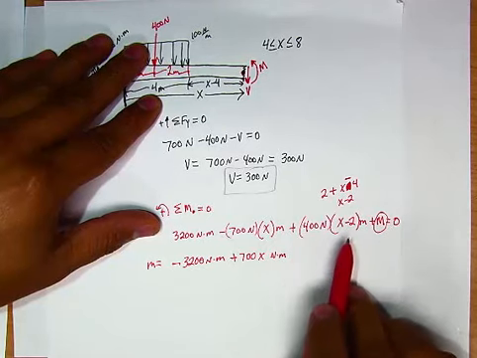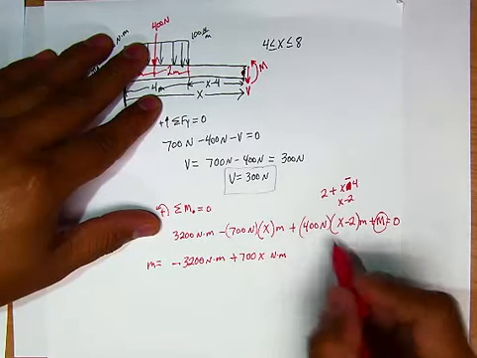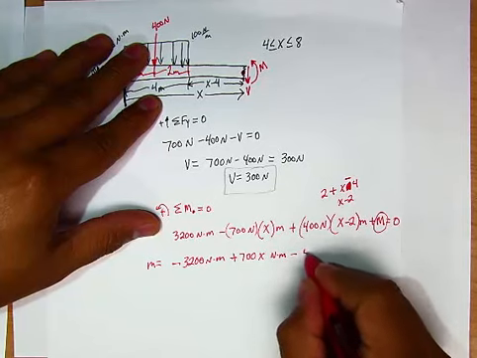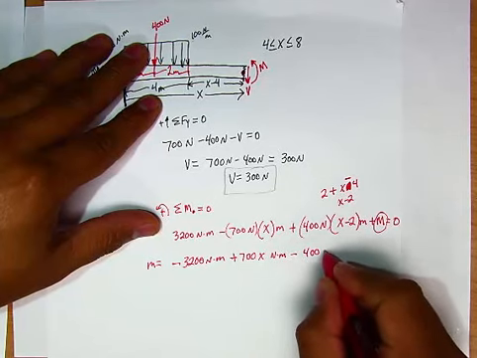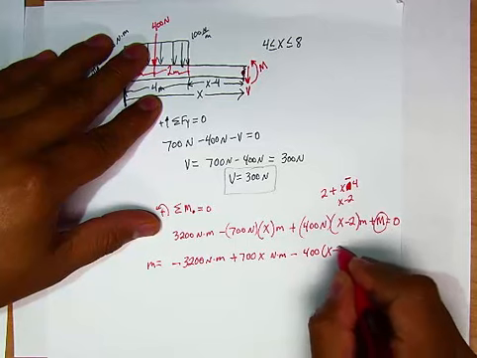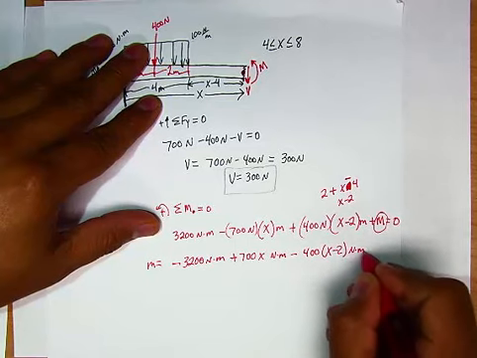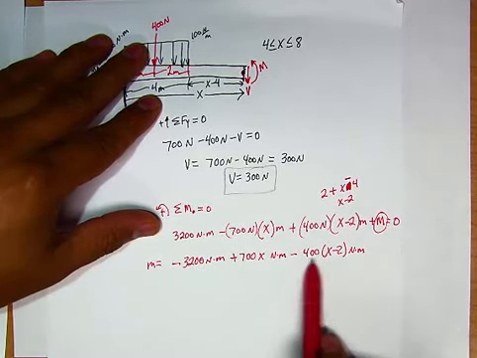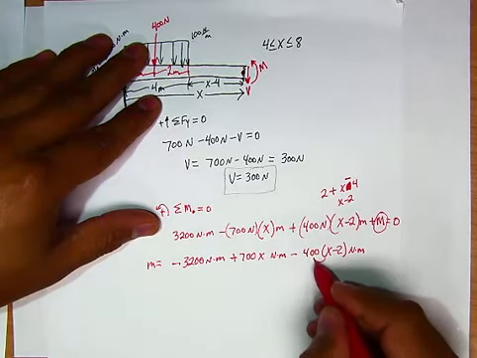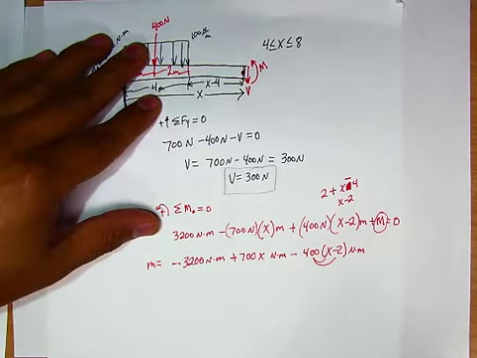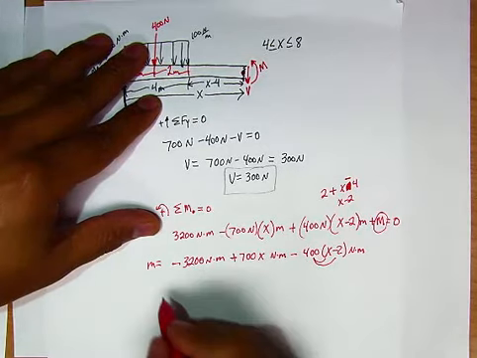And this right here happens to be positive, so we make it negative, minus 400 times x minus 2 Newton meters. Now we can use the distributive property right here and multiply this times that to clean it up, or we can just leave it like that for the time being. I think I'm going to clean it up.